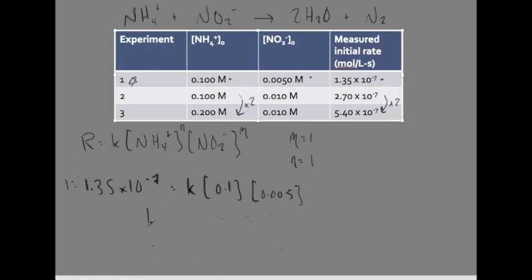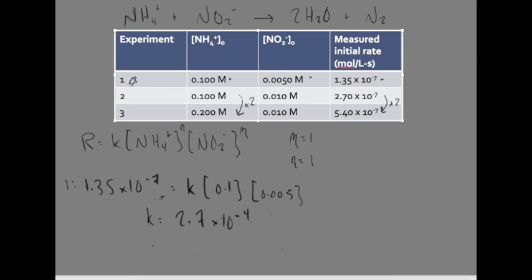And I am getting that K is equal to 2.7 times 10 to the negative 4. All right. Here's where we've got to talk about units. This is hopefully pretty simple math.